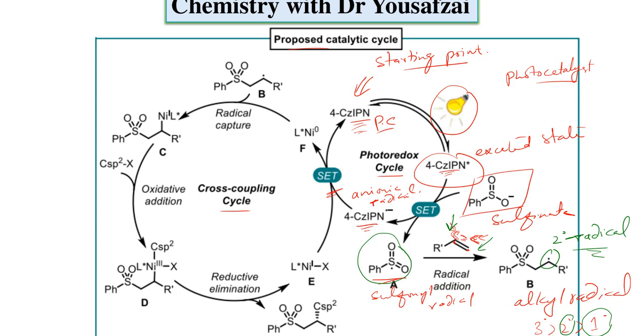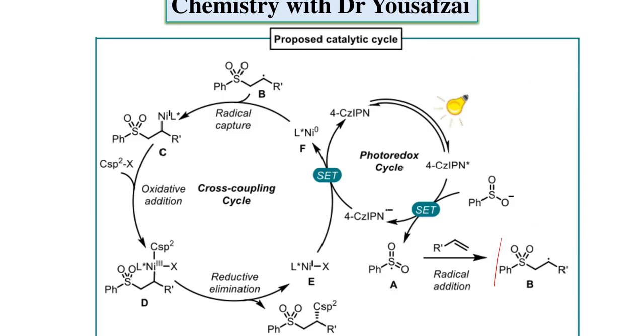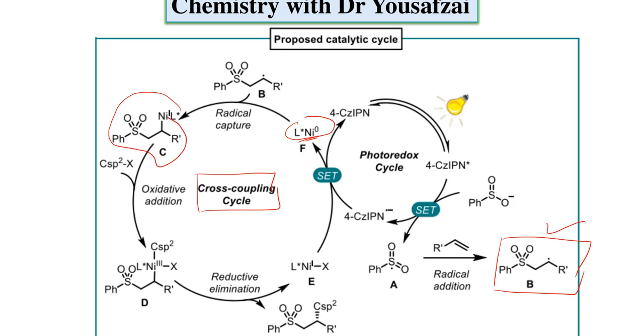In the next step, this intermediate will enter into the cross-coupling cycle. When this intermediate enters the cross-coupling cycle, it will interact with the nickel 0 catalyst, or this radical will be captured by this nickel catalyst, and as a result it will produce this intermediate C. In this case, nickel goes to the +1 oxidation state.